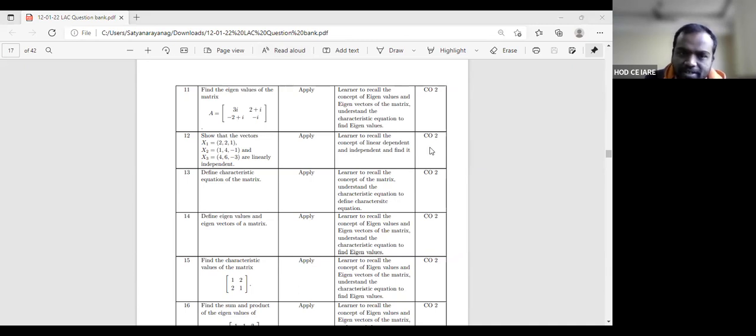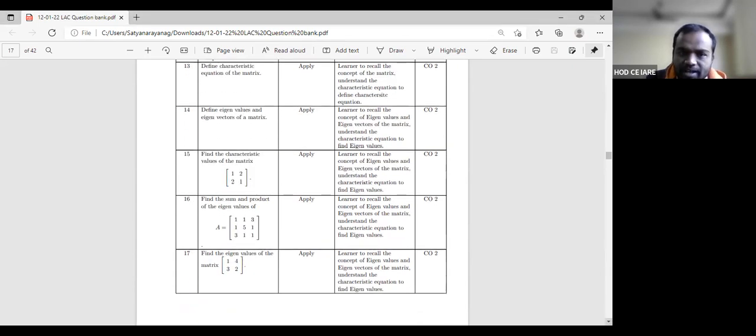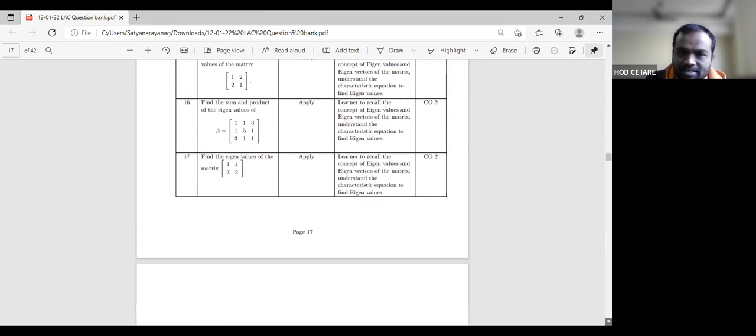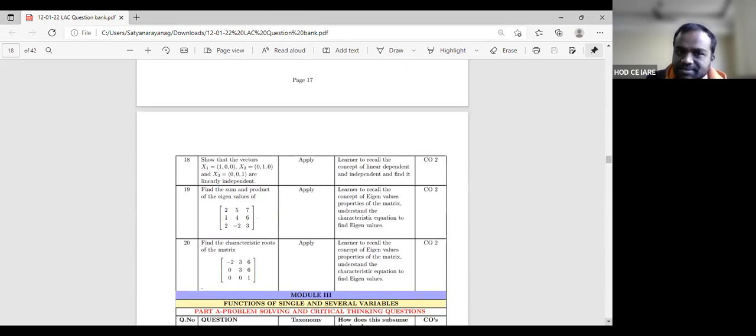Okay, and next, find the characteristic values of the matrix and the sum and product of eigenvalues and eigenvectors. అది మనం ఆల్రెడీ రాసింది. Find the eigenvalues, and show whether they are linearly independent or dependent.